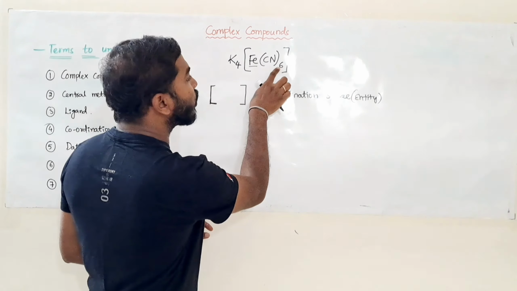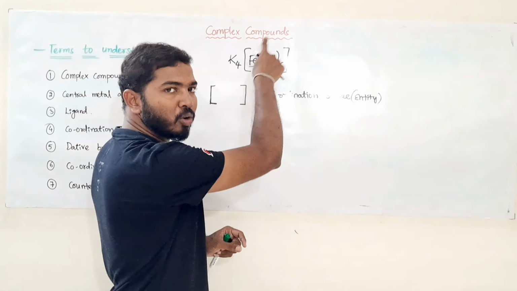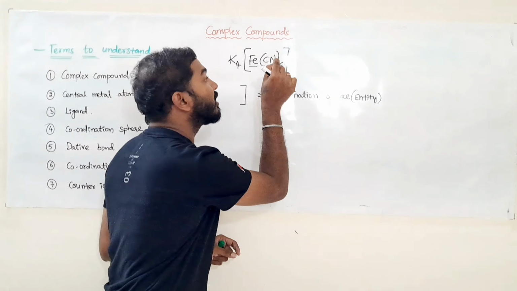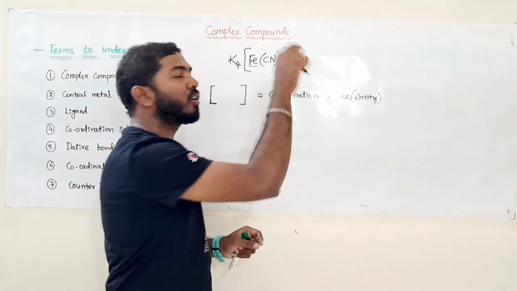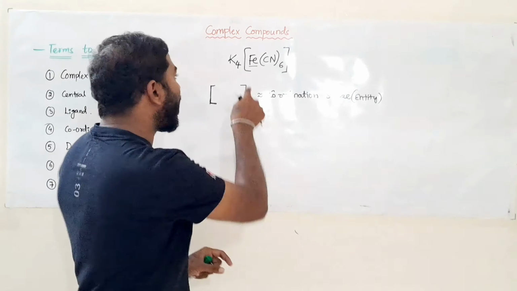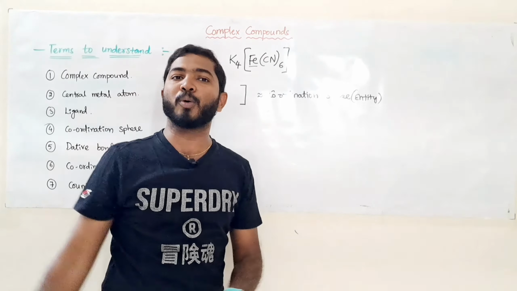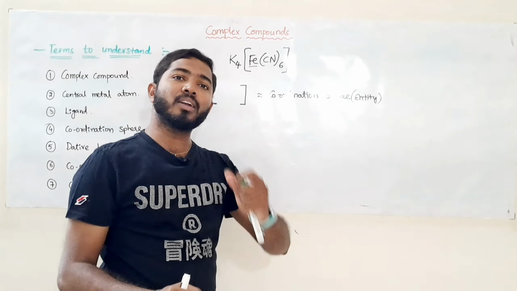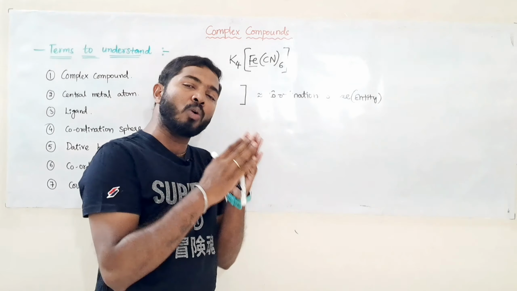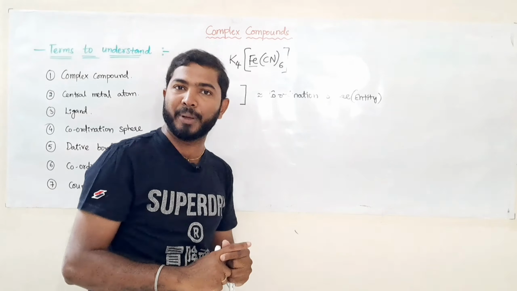Here we can see 6 CN groups attached to iron inside the coordination sphere, where the 6 defines the number of coordinate covalent bonds formed with the iron metal. Outside the coordination sphere, we see 4 potassiums. Generally, counter ions are used to balance the charge on the coordination sphere.